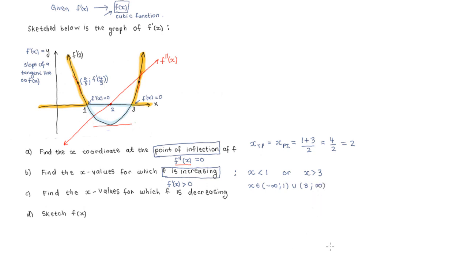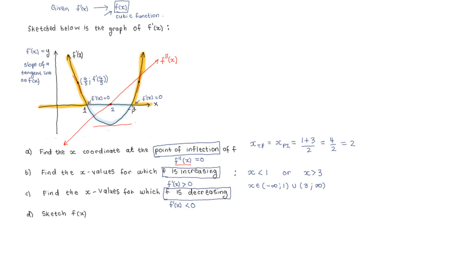Then a similar question is to find the x values for which f is decreasing. For this question, it's basically the opposite of what we just did above. f is decreasing whenever f prime of x is less than 0. We saw on the derivative number line that f prime of x is negative between 1 and 3.